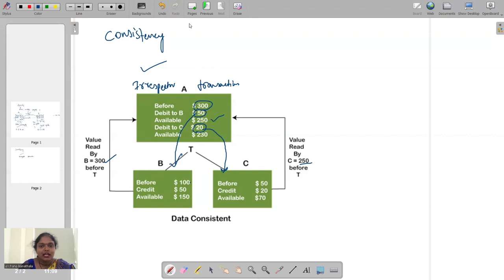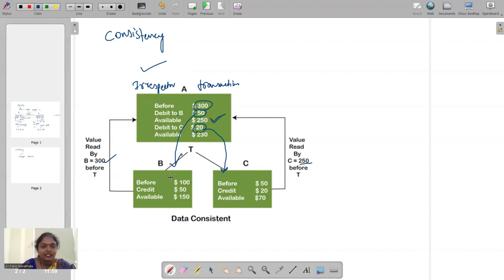Account A has 300 rupees. Now we want to transfer 50 from A to B and 20 from A to C. These are the operations that we want to perform. Simultaneously, the deduction in account A should be performed, resulting in 250.